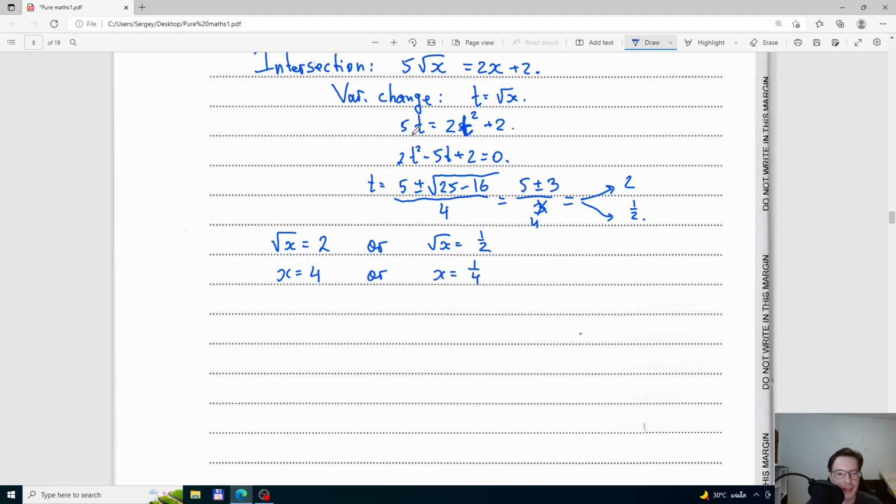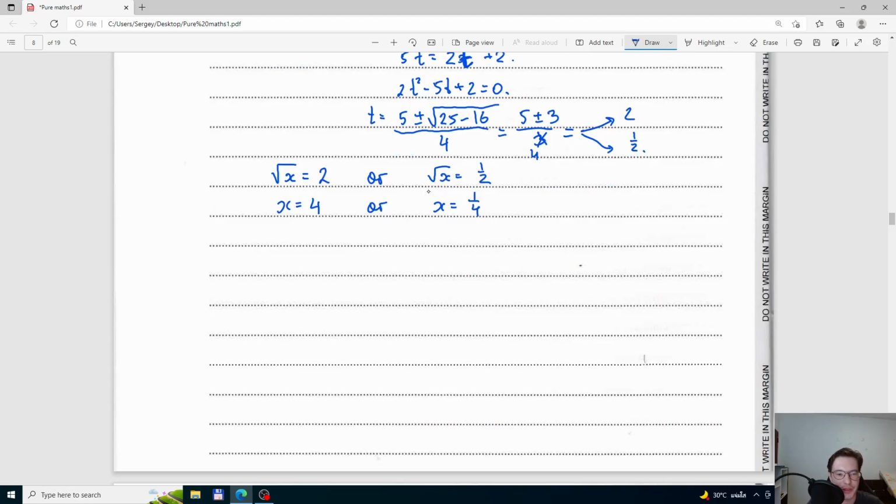And now I can proceed to the integration from 1 over 4 to 4.